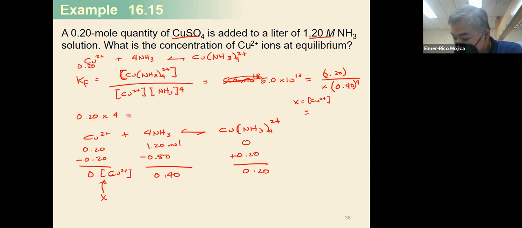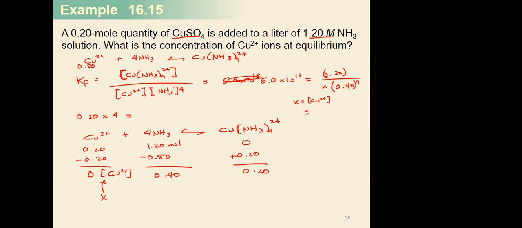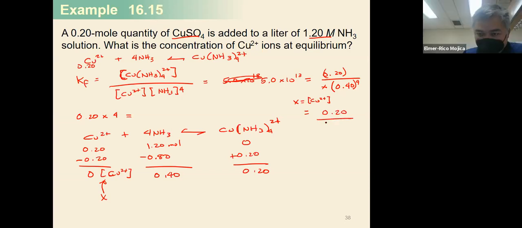Got 1.56 times 10 to the negative. If we're going to look at this, this will become 0.0256, right?